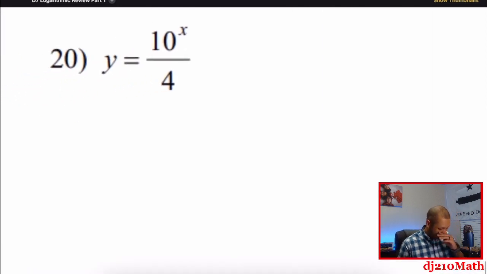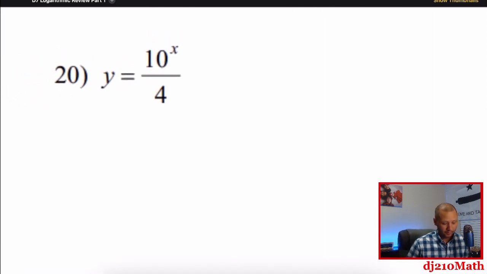Okay. y equals 10 to the x, all divided by 4. So step 1, x is equal to 10 to the y divided by 4. We're going to isolate the y, or the thing that has the y in it. So I've got to multiply both sides by 4.